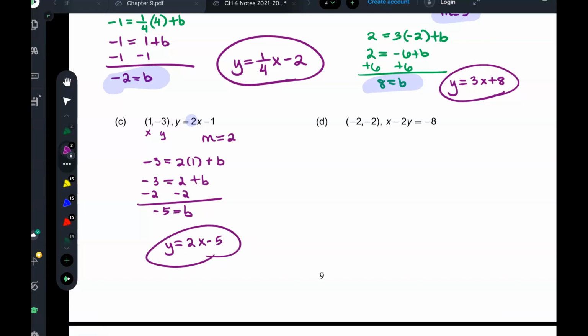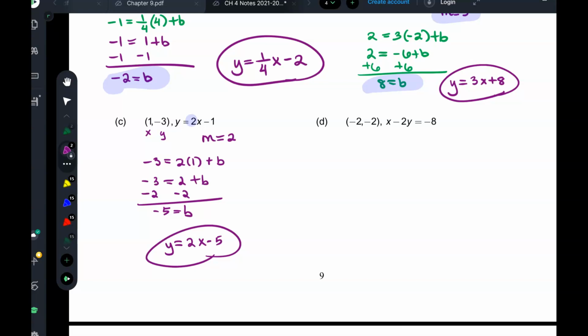So we have to rewrite it, right? Yeah, you gotta rewrite it. Listen, the bottom line is if they're parallel, I know my answer is going to be 2x plus or minus, depending on what b is.